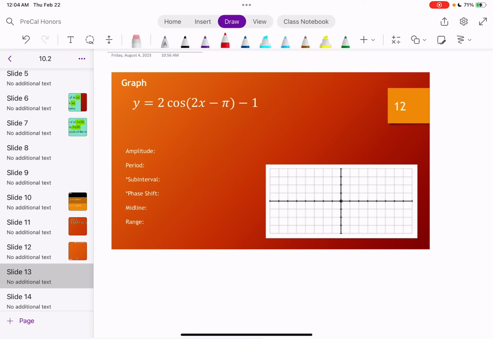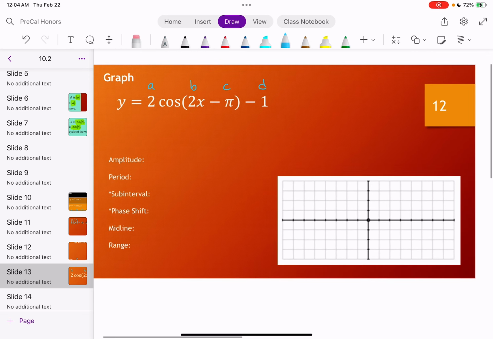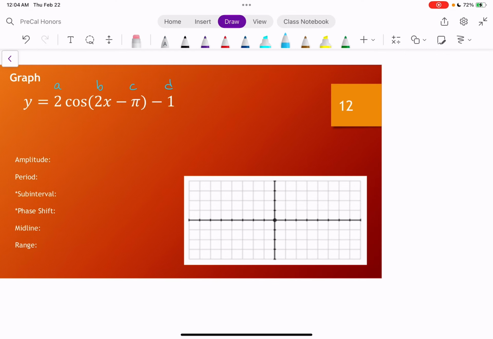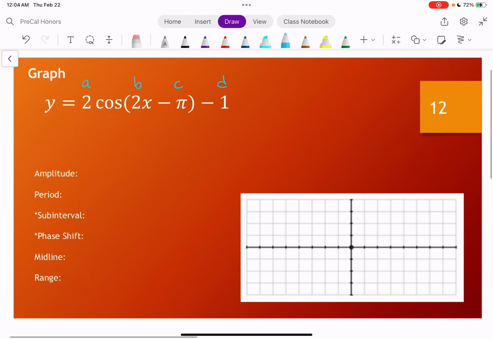In this case, we are seeing each one of our letters. We are seeing A, B, C, and D within this problem. Our amplitude for this problem would be 2.